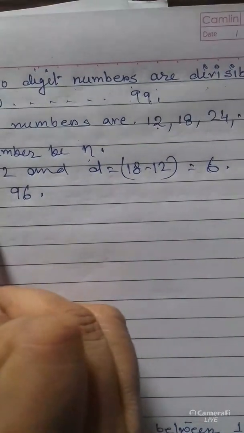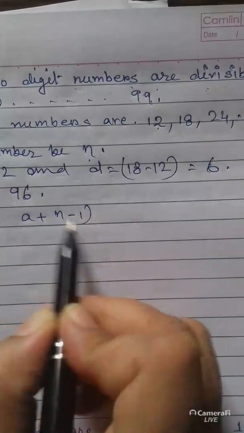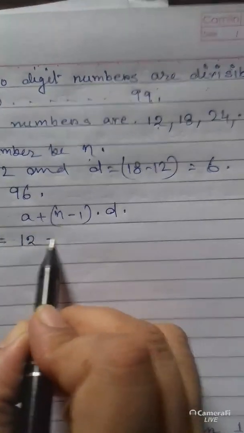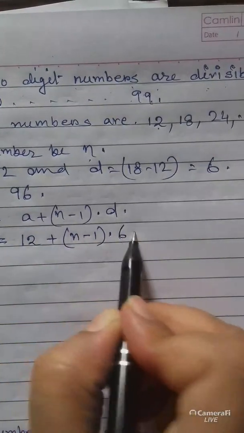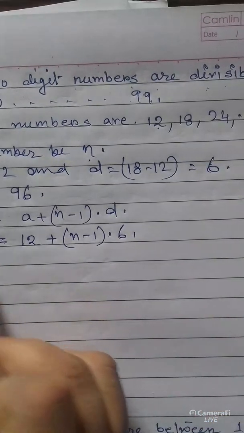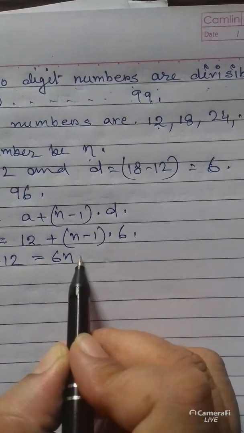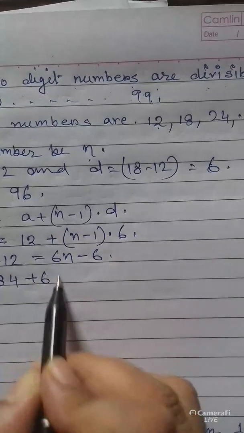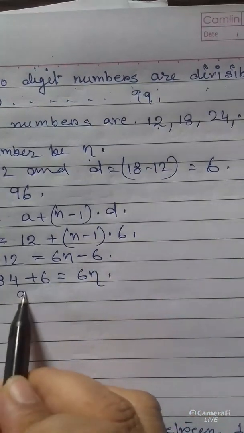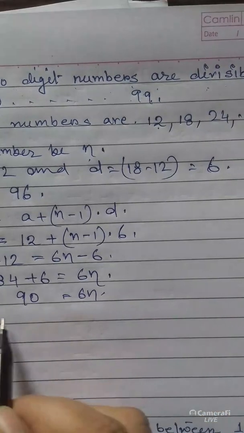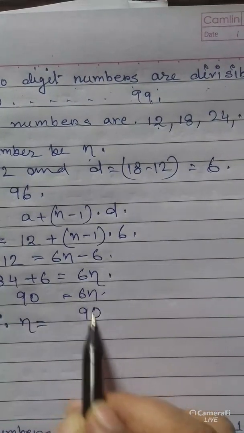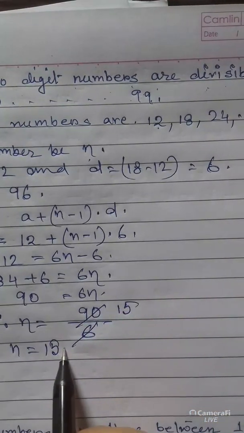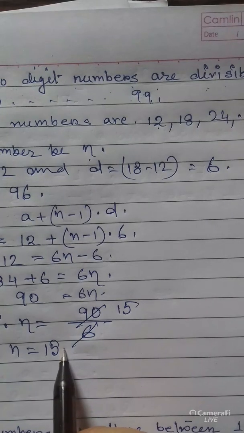So we can write tn equal to a plus n minus 1 into d. 96 equal to 12 plus n minus 1 into 6. Now 96 minus 12 equal to 6n minus 6. 84 plus 6 equal to 6n. 90 equal to 6n. Therefore n equal to 90 by 6 means 15.